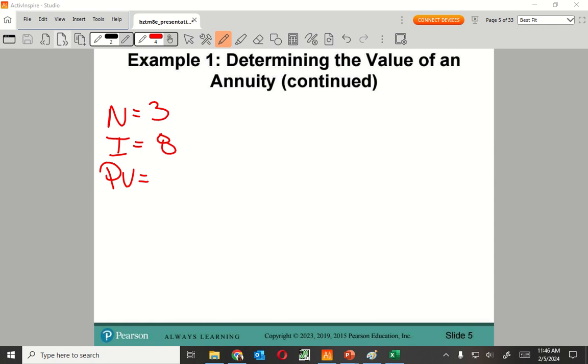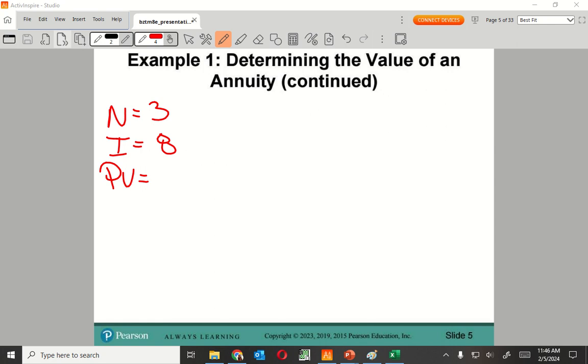Okay, when do you make that $1,000 payment? Every year. When every year? At the end of the year. Is this the beginning of the year? No. We're at the beginning of the year, right? So whenever we're starting this, you make the payment at the end of the year.